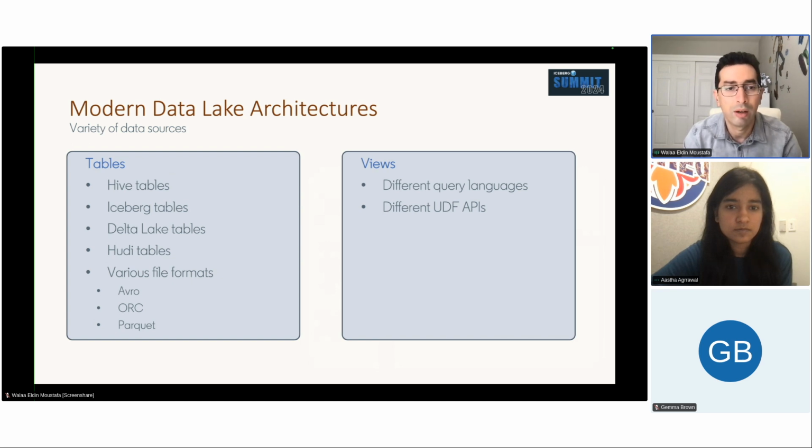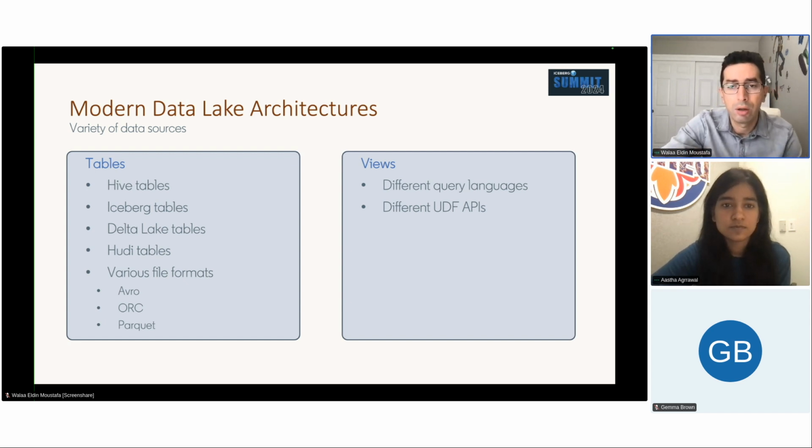So Hive tables have been the de facto table format for years until modern table formats such as Iceberg came along. We've seen also other table formats in data lakes such as Delta tables and Hudi tables, which also abstract low-level file storage details such as the file formats, and those include things like Avro, ORC, and Parquet.